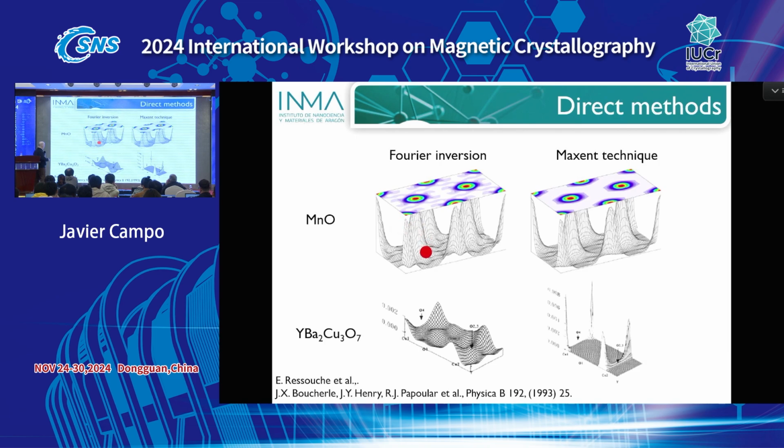You can see that maximum entropy many times produces better results. This one has a little bit more truncation effects, and here it is clearer. Also for the other compound, with Fourier inversion and with maximum entropy. Here clearly maximum entropy is producing better results than Fourier inversion.